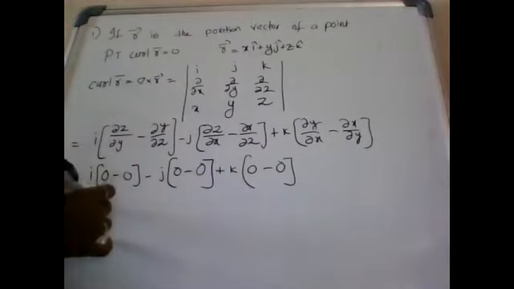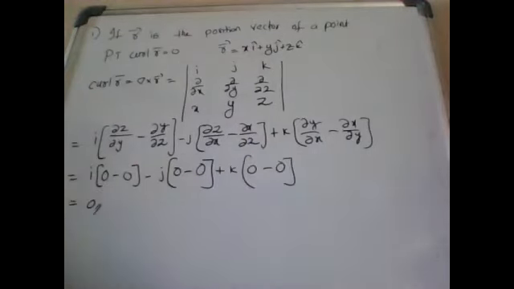So in total we get 0. If r bar is the position vector, then we get curl of r bar equal to 0.